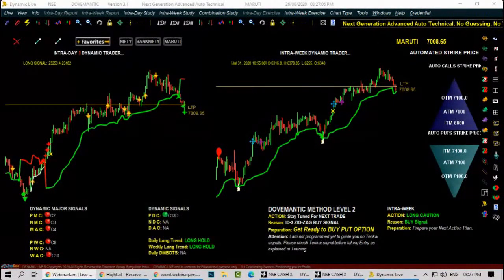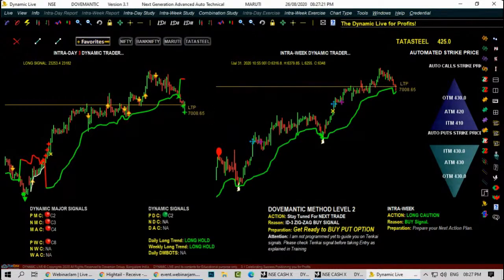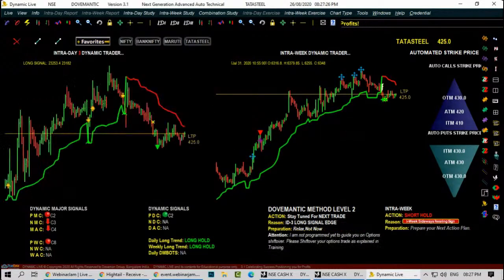So this is Maruti, and which was the other stock you have asked for? It is Tata Steel. So let us check the Tata Steel. Well, this is Tata Steel. Even in Tata Steel, there is no trade as of now. Stay tuned for the next trade.